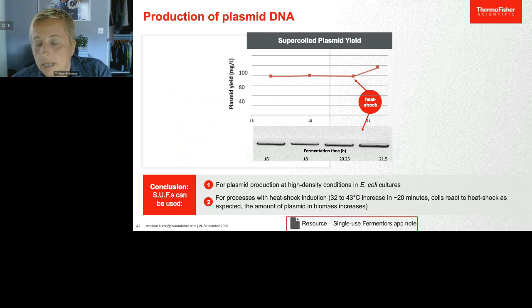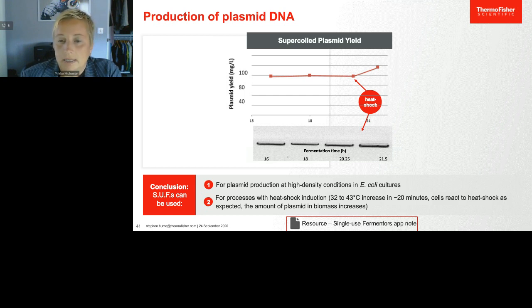So high-performer single-use fermenters are also used for plasmid production. And on this slide, the 30-liter single-use fermenter has been used for fed batch culture with heat induction. The plasmid production was induced by heat shock by shifting the culture temperature from 32 degrees to 43 degrees once the optical density of 60 was reached.